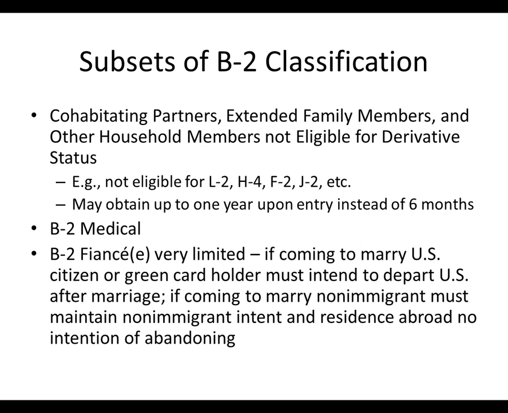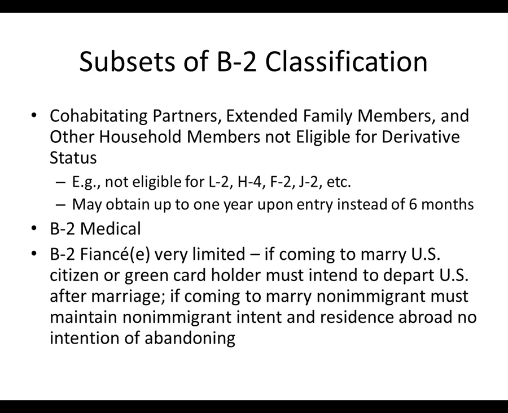The B2 medical classification is also a highly used subcategory. This is for individuals coming to the U.S. to seek medical treatment. Now, this can sometimes be problematic when considered in tandem with the rules regarding admissibility.